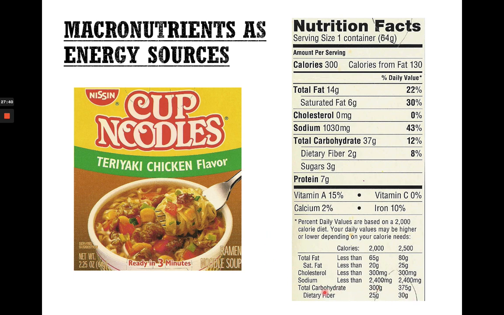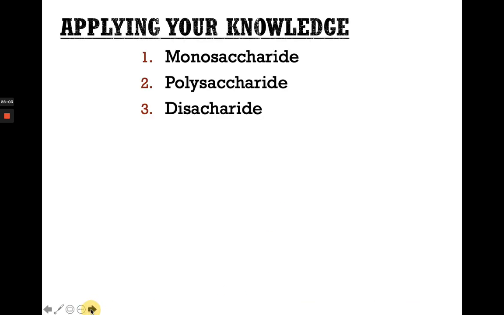You can notice fat, cholesterol, sodium, carbohydrates, and they'll put sugars down, and we don't really care about the sugar. We care more about the fiber that's there. And you'll notice the sugars are higher than the fiber, so this ramen noodle is probably not a decent source of carbohydrates.